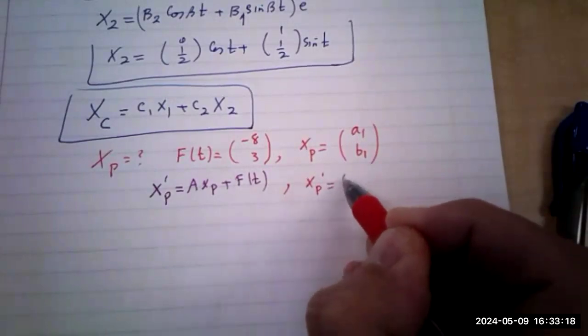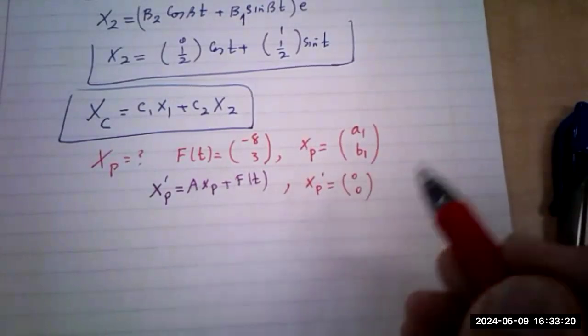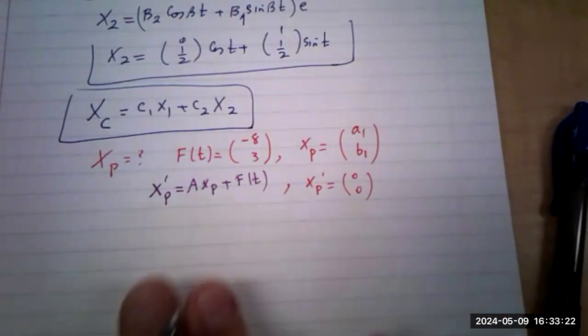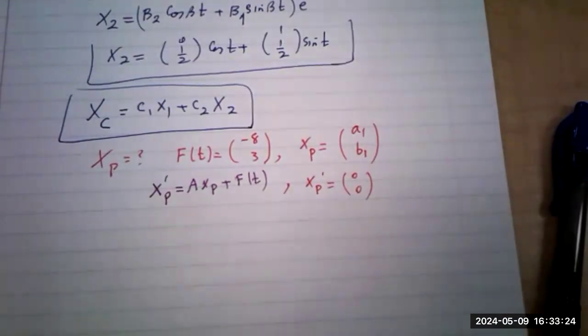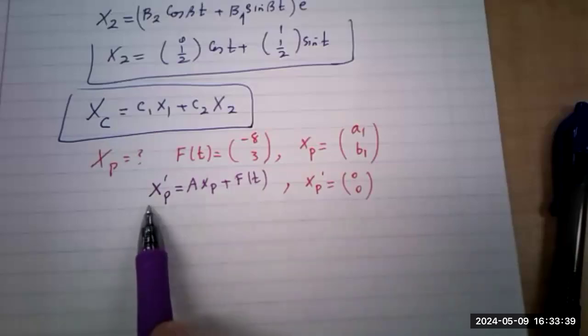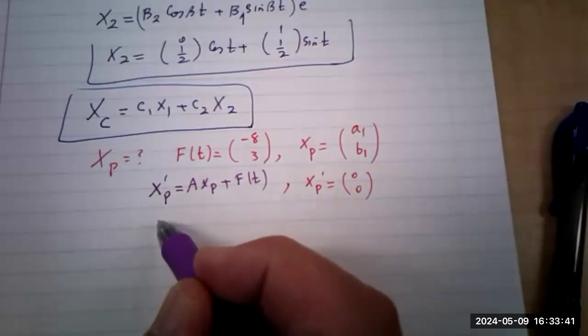So x prime of t in this case is going to be simply 0, 0. Then substitute here and solve for the unknowns. If it's an exponential function or sine function, you differentiate, as we already talked about. If you have a matrix, it's the derivative of its components.